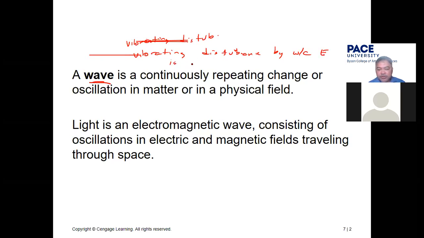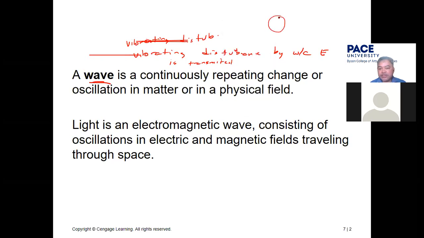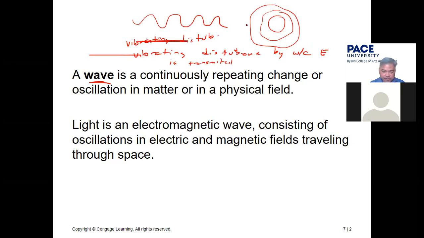So if you're going to look at this wave that we have, let's say you are at a pond and you throw a stone on it, it will form something like this. Now, if you look at the cross section of that, it would be like that. So that's the wave that we know.